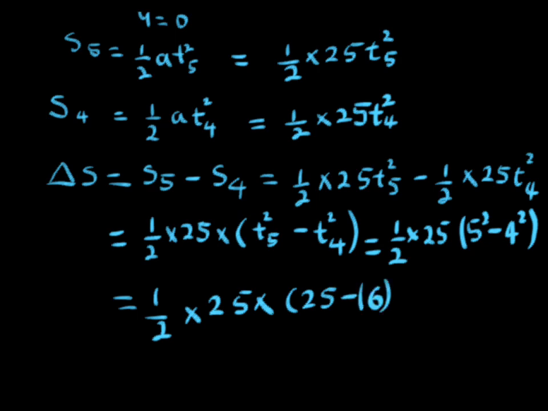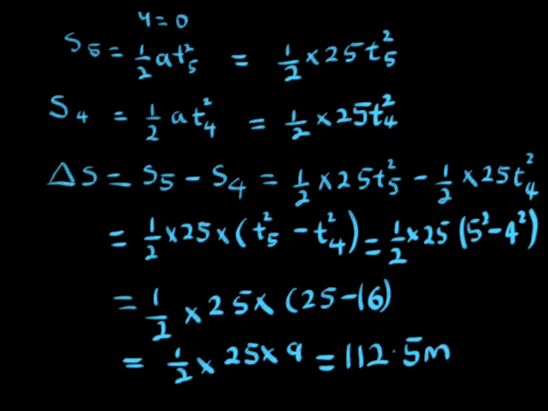So this gives us 1 over 2 times 25 times 9. If you compute that, we're going to have in the end that our distance covered will be equal to 112.5 meters.